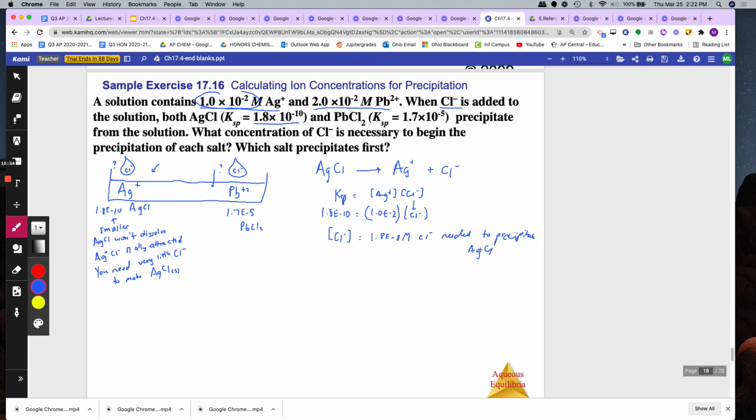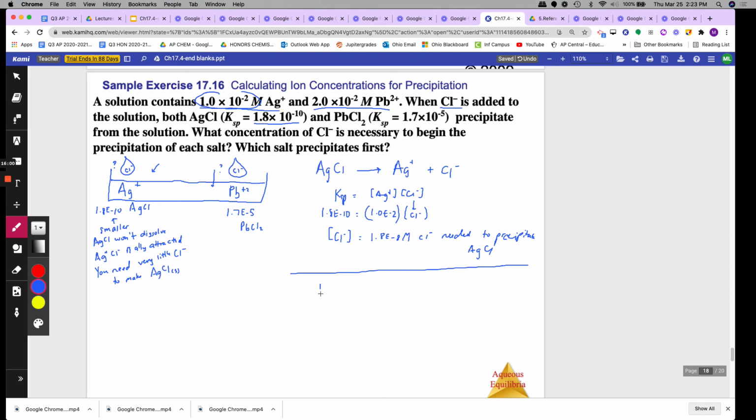Okay? So now you have to do the same thing. How much do you need to precipitate Pb plus 2 out? So PbCl2, Pb plus 2, and 2Cl minus. KSP is 1.7 e negative 5 is equal to, Pb is 2.0 e negative 2.